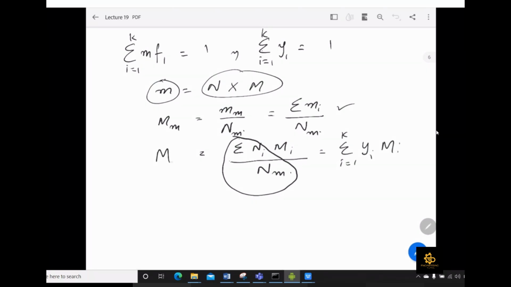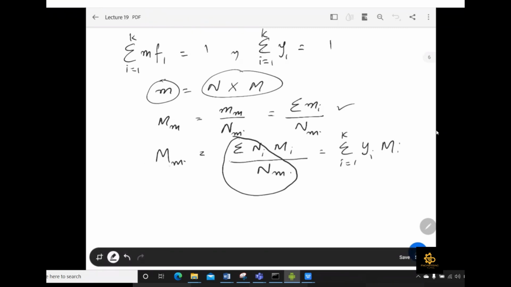This is one relation from which we can find the molar mass of the mixture. If you have any questions, you can ask me. We will practice some questions also, so that you will get a better understanding of it, because it is more related to some chemical knowledge. I hope you already have some knowledge of chemistry from your FSc or previous courses.